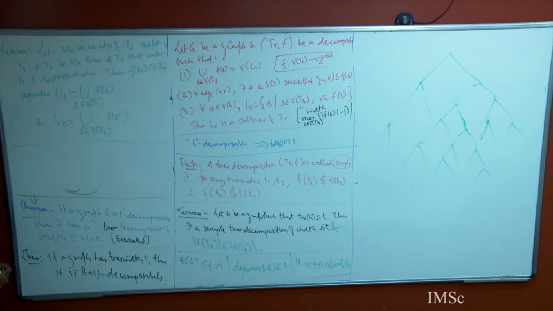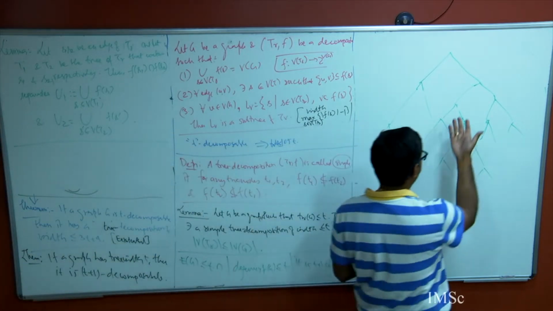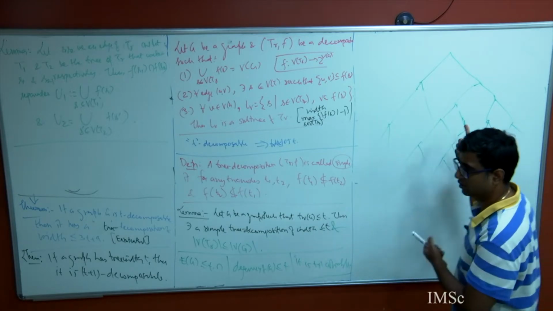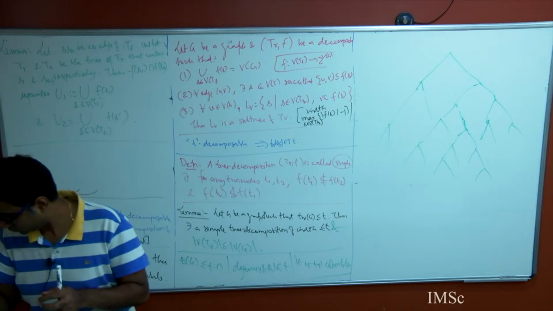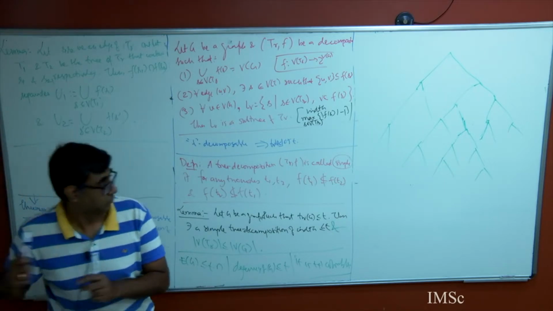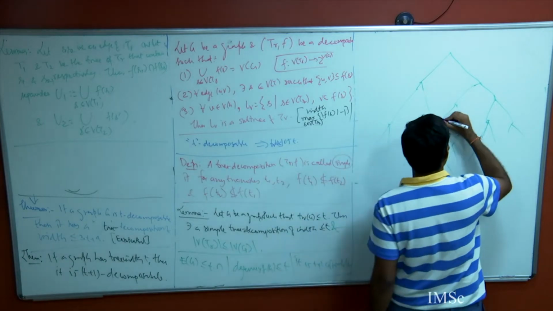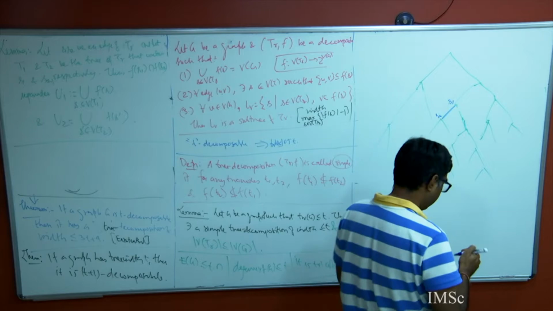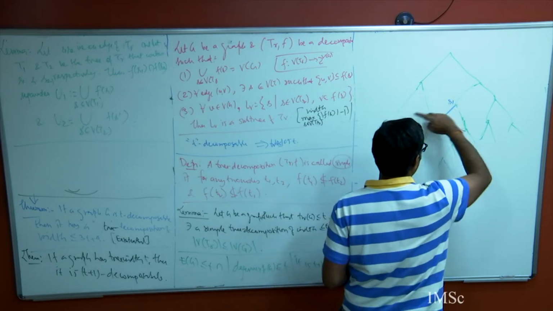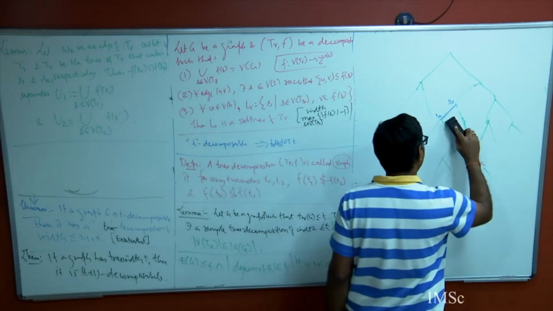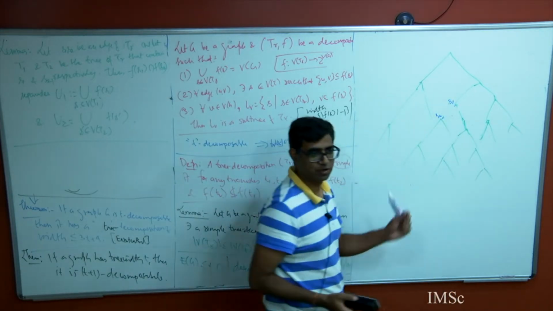Okay. So let us go back to the picture. What does it tell us? It is telling us to pick up any edge. So if I pick up, say, this edge, for example, say this is S1 and this is S2. Now if I delete this edge S1 S2, I get exactly two trees, right?